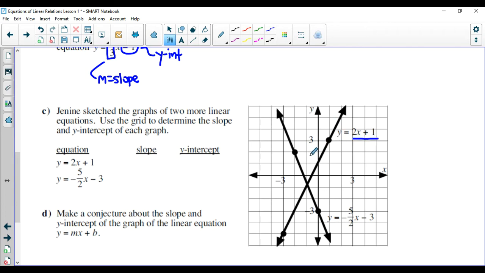It's easiest to see the y-intercept first. The y-intercept right here would just be this point, which is (0, +1). So we could write down the y-intercept is equal to +1.